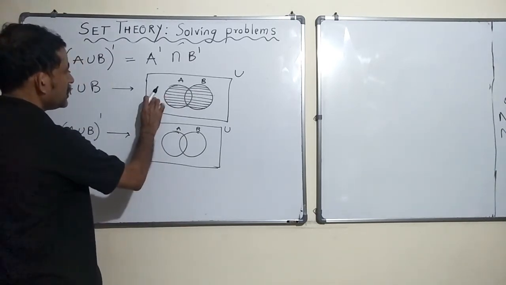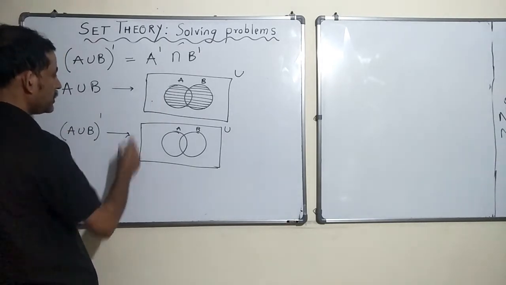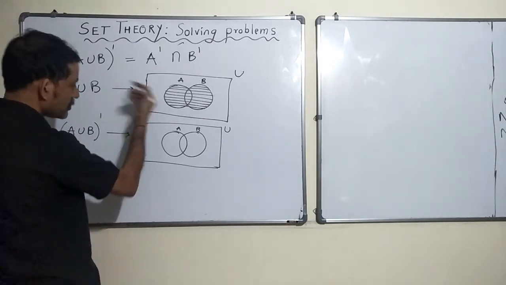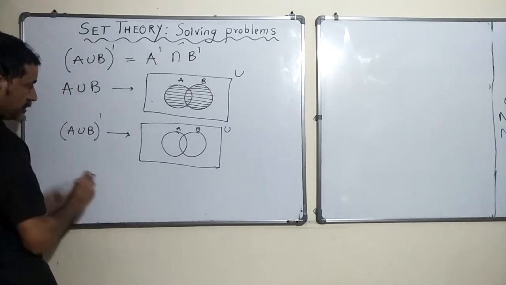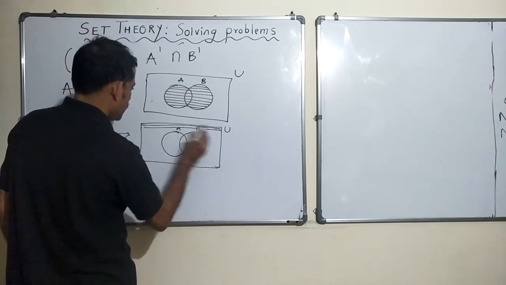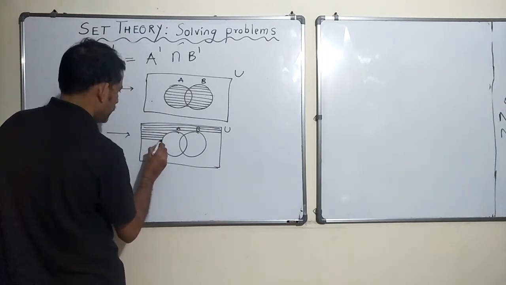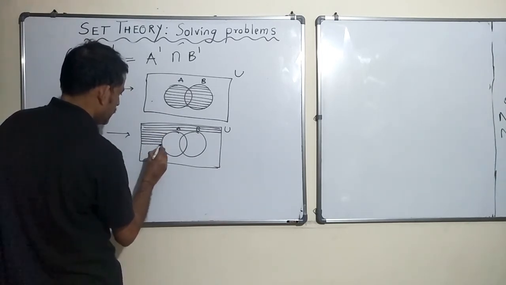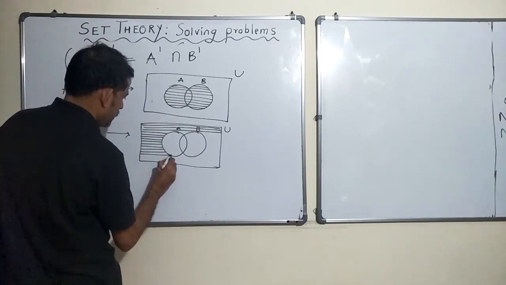This element was in the universal set, maybe this, it was not in A union B, but now it will be in the complement. Okay, whatever was not there earlier is a member now of A union B dash. Okay, so these are all the members now. So these are all the locations wherein the member could be spotted. Let's do this. So let's draw.